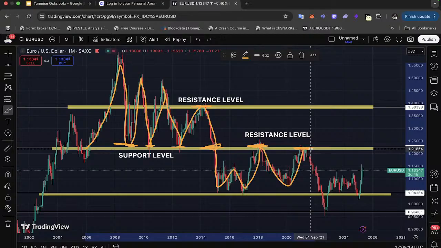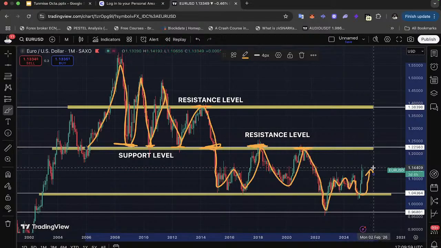So what we want to do is to analyze the chart, analyze the historical price, and forecast the future of price movement.